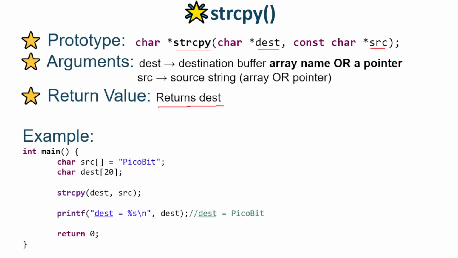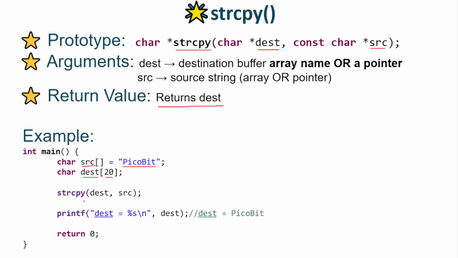In this example, we start with the character array src, which stores the string picobit, and another character array dest with a capacity of 20 bytes, which is currently uninitialized.